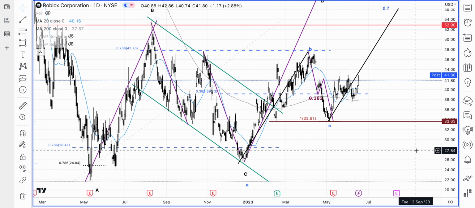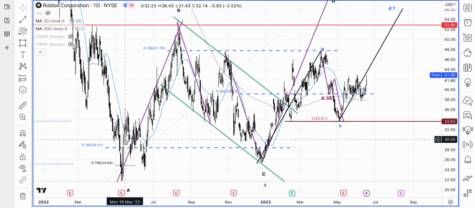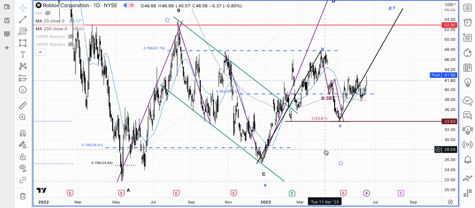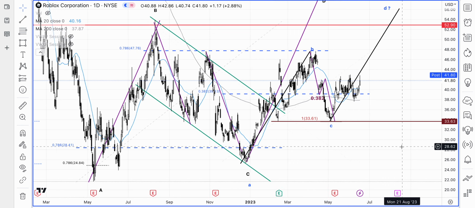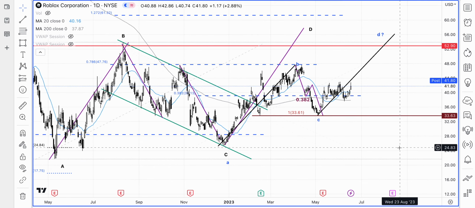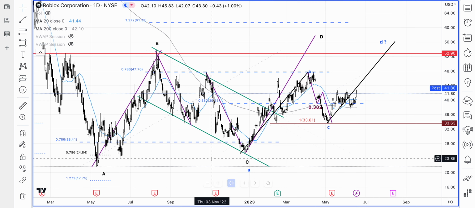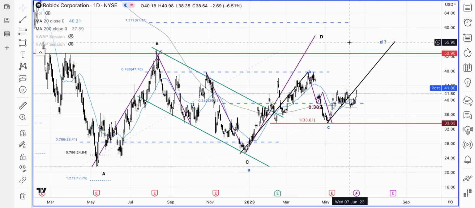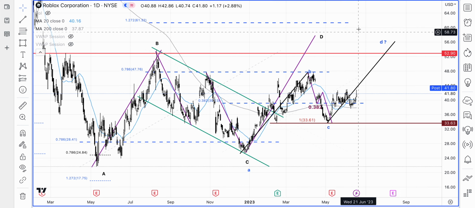What we have seen is a huge decline in the stock, but we have seen a pretty good base being formed from the 10th of May 2022, so a little over a year now. And what we think the stock might be doing is moving in an ABCD formation higher. So we are looking anywhere between about $56 to about $60 per share level. That's the kind of area we are watching for.